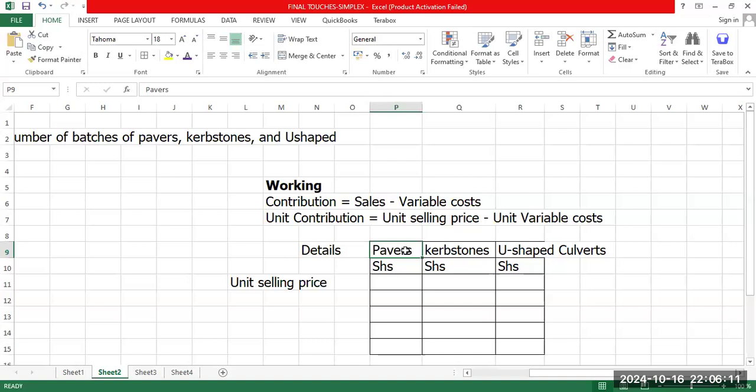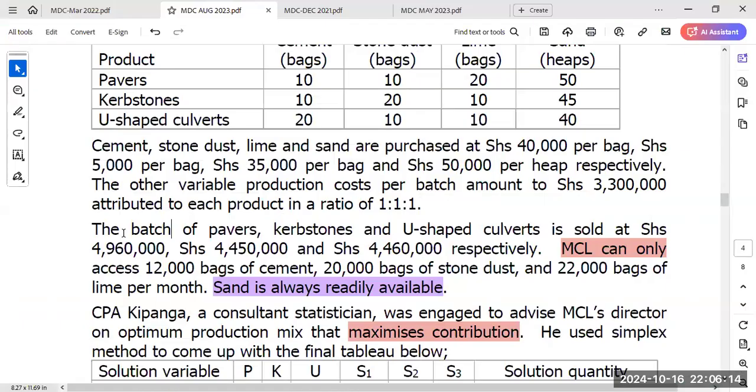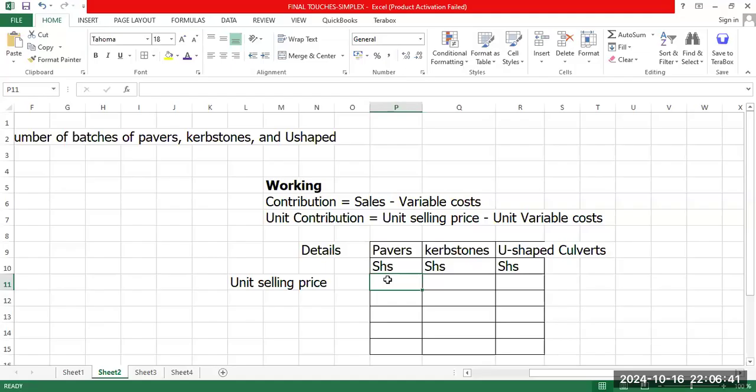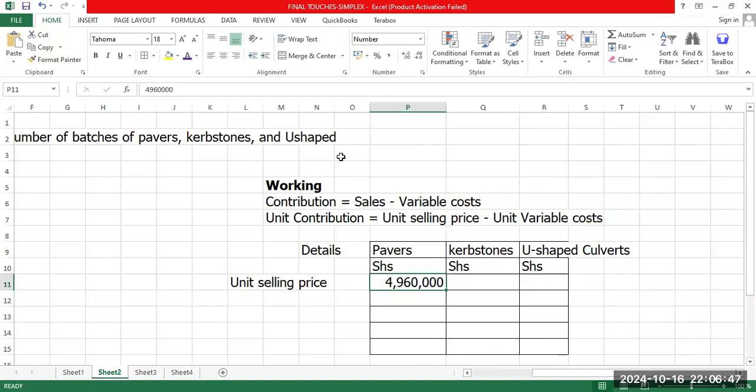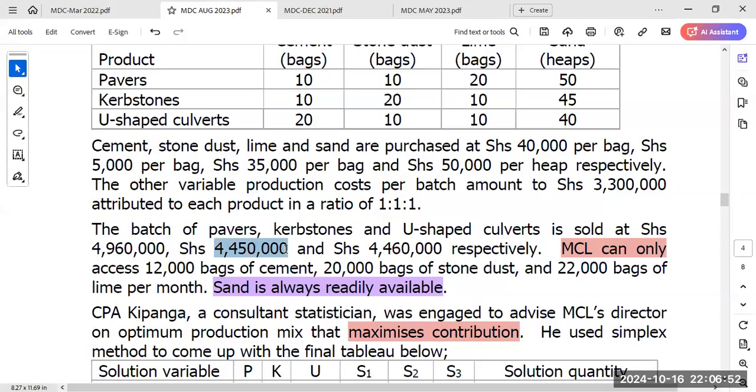In the question, they are telling us that a batch of pavers, cobblestones, and U-shaped culverts is sold at these prices, so you have the selling price. For me, it is easier to use thousands, but in your book you can keep three zeros. Then cobblestones, how much? 4.45.